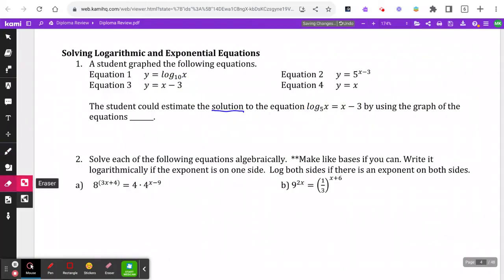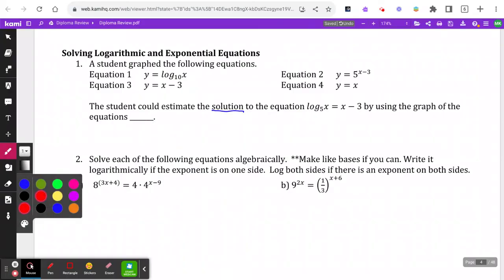So if you looked at these things, if you made those equal to each other, so if you graph both of them, that's 5x minus 3 equals x. That's what would happen when you graph those two equations, graph 2 and graph 4.